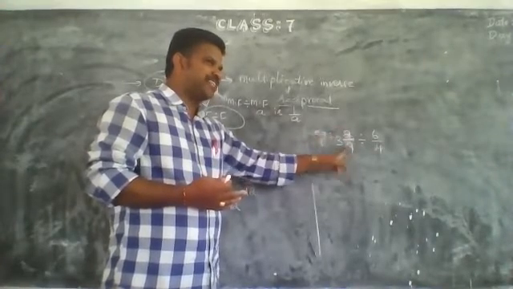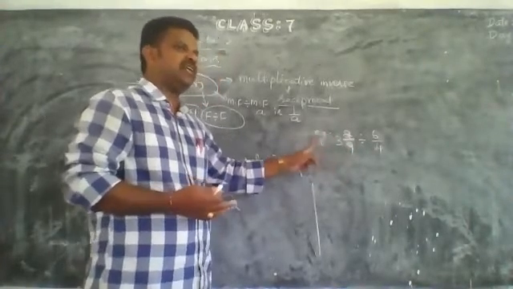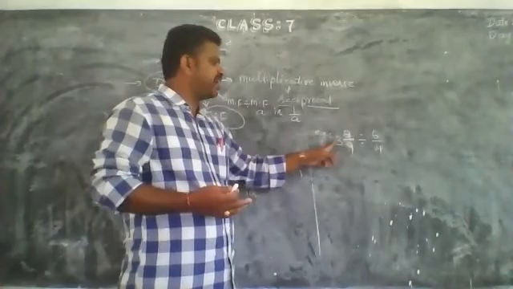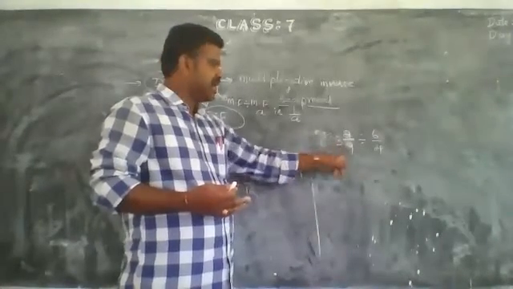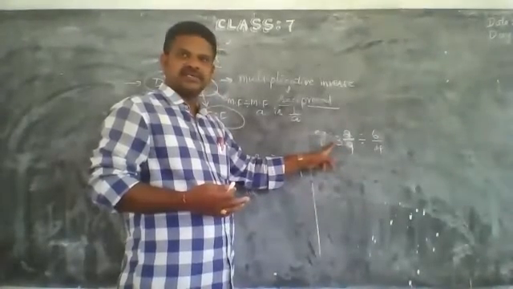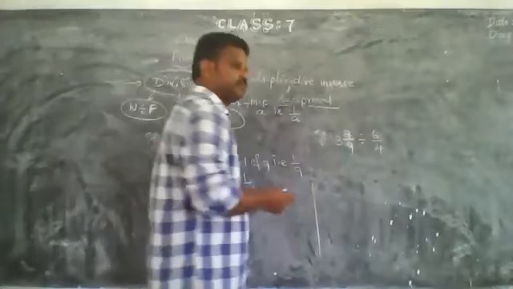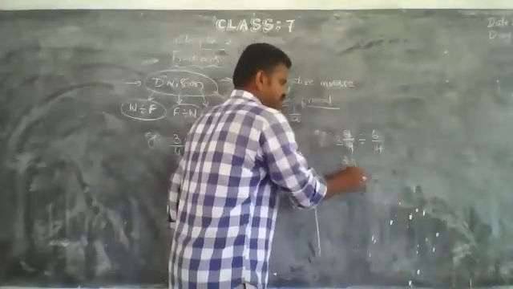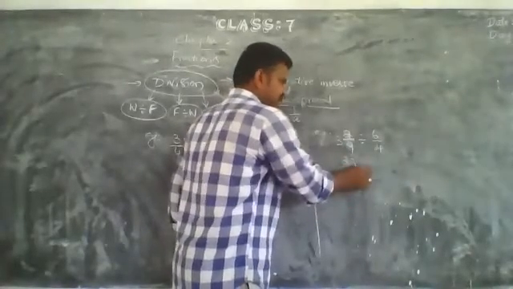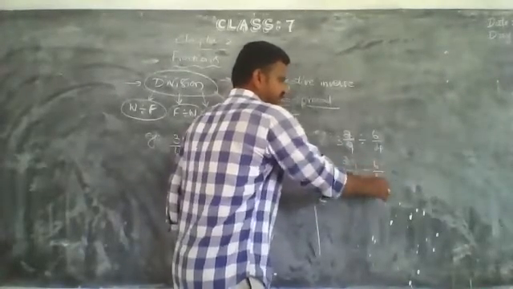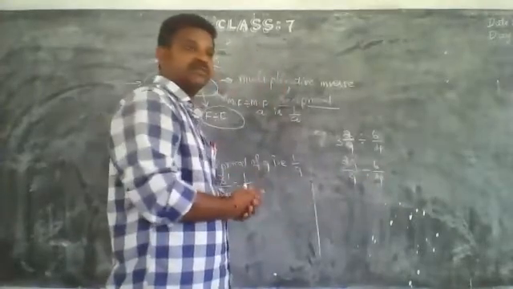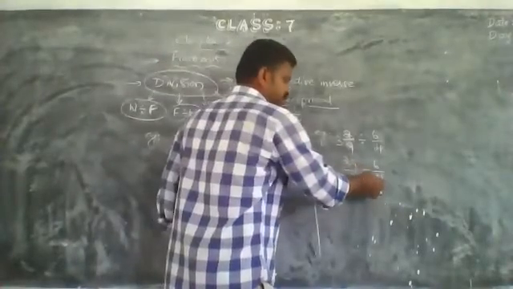In order to convert a mixed fraction into an improper fraction, you multiply the denominator with the whole number. 9 threes are 27, plus 2 is 29 by 2, divided by 6 by 4. That's it. So write the reciprocal of 6 by 4.